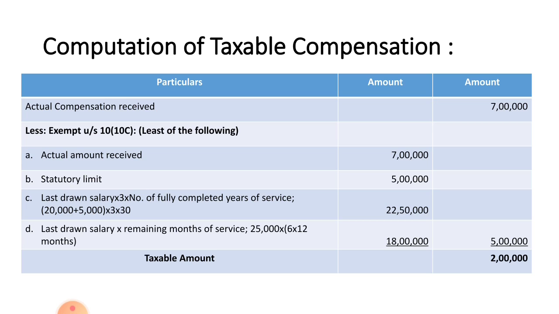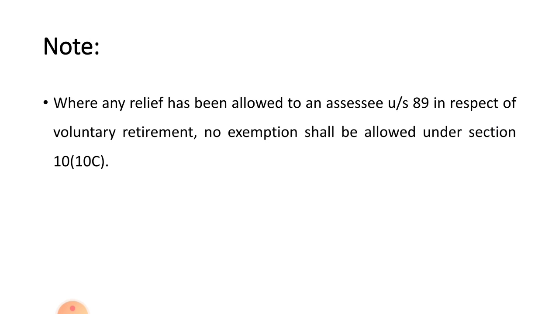On this 2 lakh, he must pay tax. Okay? It is the problem relating to computation of voluntary retirement compensation. They may ask this question in the exam for 4 marks. So, please do not leave this problem because it is very easy to solve and you can score marks very easily.